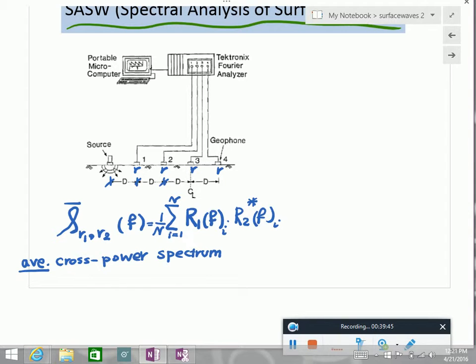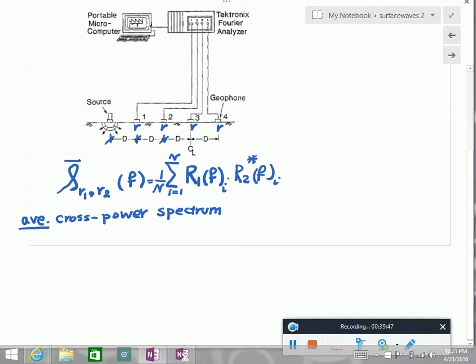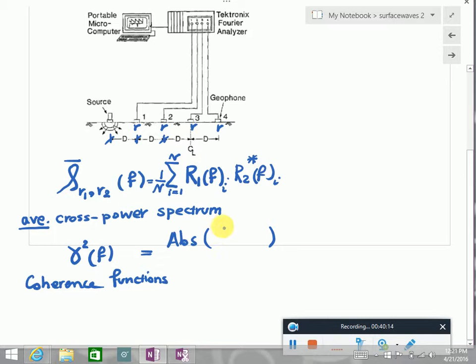And then for this, we can also define a coherence function. It's similar to the cross-correlation coefficient, if you normalize it.